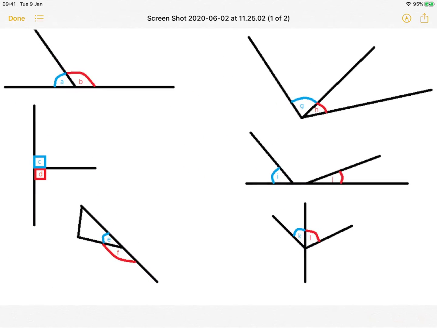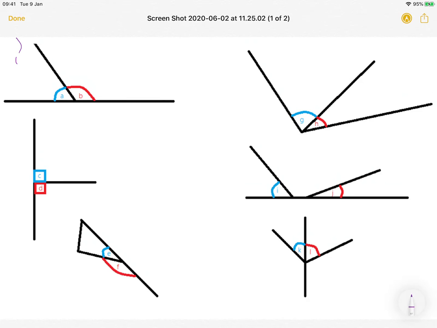So these are your examples and non-examples. What I'd like you to do is just go through them, and all you need to write in your book is one, and then say if you think it is an example of adjacent angles on a straight line equalling 180 degrees, or if it is a non-example.